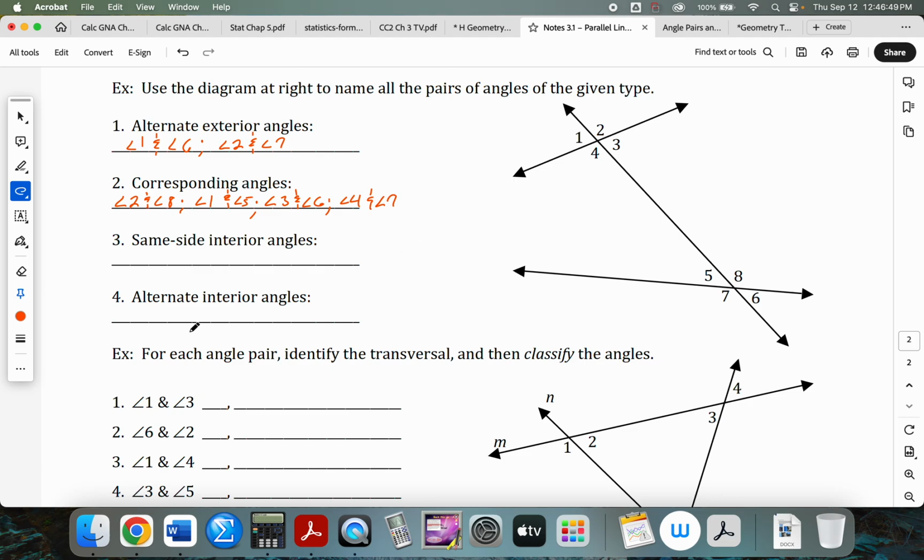All right, let's do same side interior angles. Grace. 4 and 5. Very good. Angle 4 and angle 5. Abby? 3 and 8. Yes.